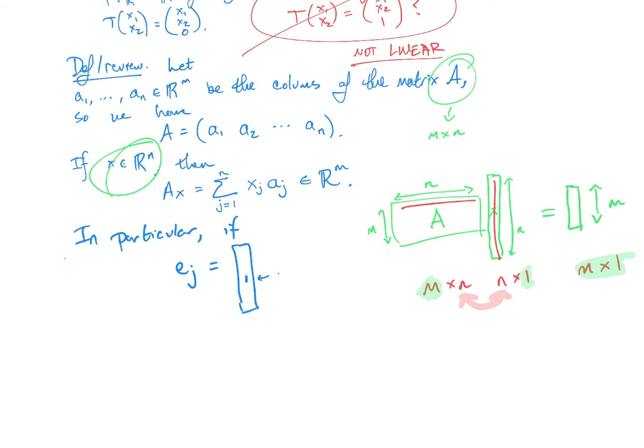I have a 1 in the jth row. These are vectors with all zeros except for 1 in the jth row. That's your just standard basis of Rn. So I'll write that.